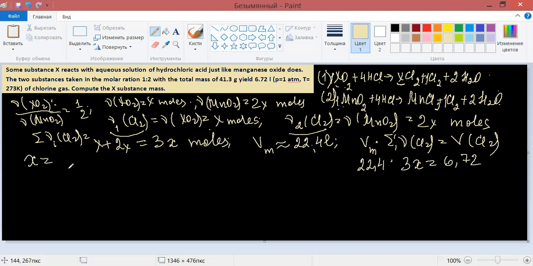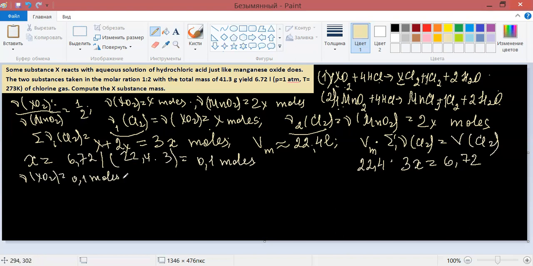The root of the problem: x equals 6.72 over 22.4 times 3, and that gives us the value of x, which is 0.1 moles. Now we know that the amount of XO2 is 0.1 moles, and the amount of manganese oxide is twice that number, so 0.2 moles.